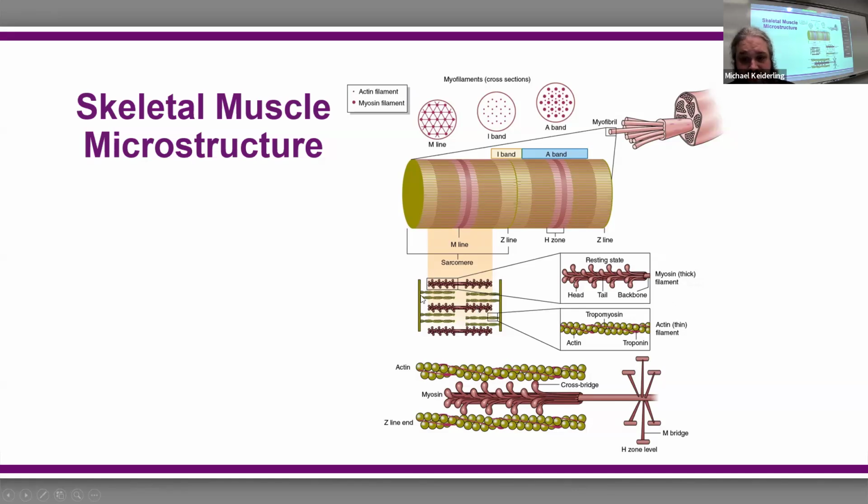So the interaction in the sarcomere is what actually contracts. The interaction between the myosin and the actin, there's a thick filament and a thin filament in here. Basically, you can send energy into this.